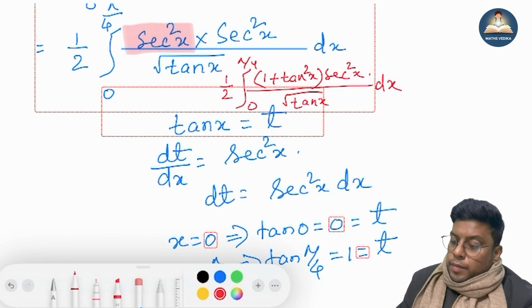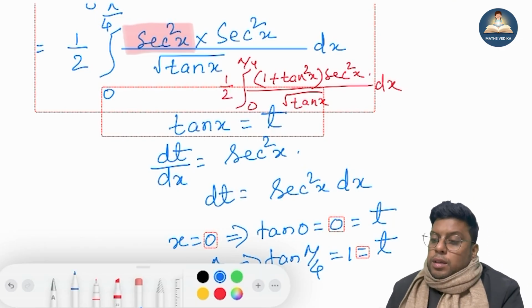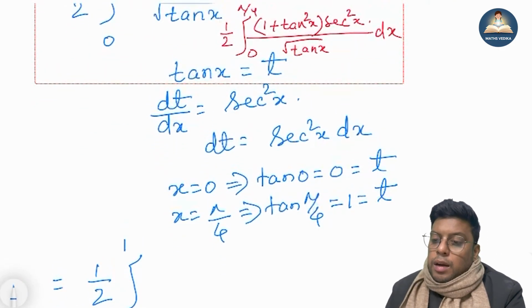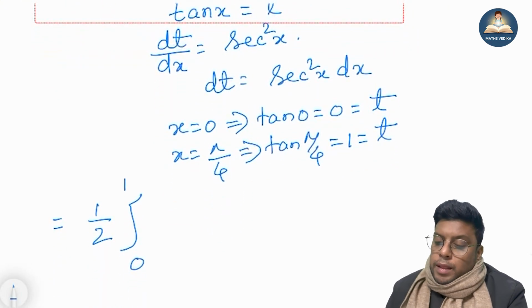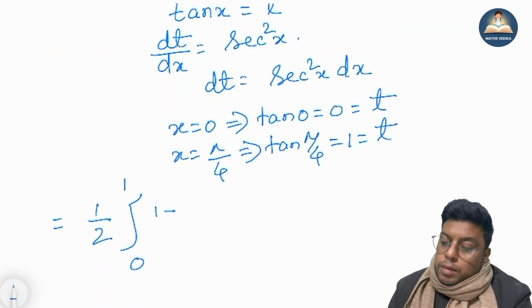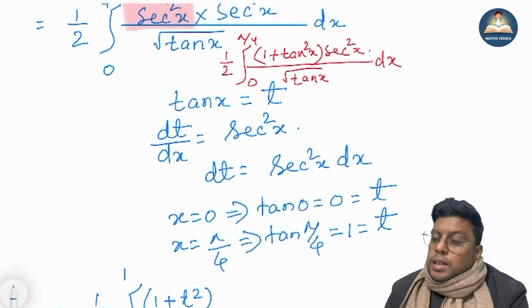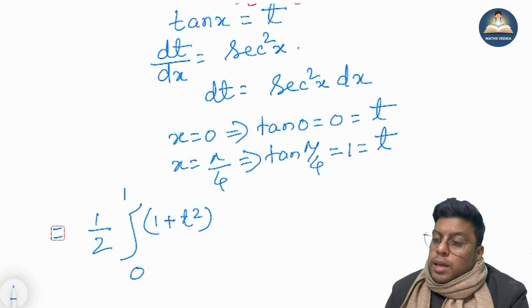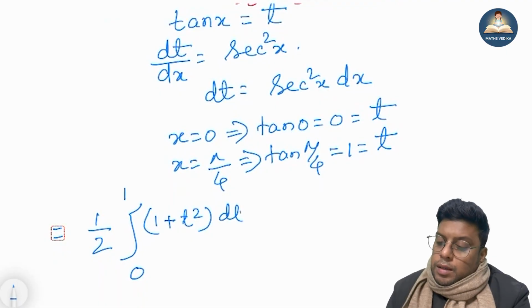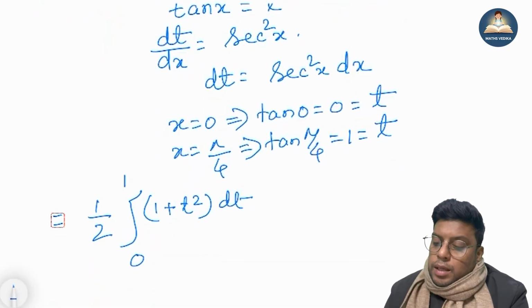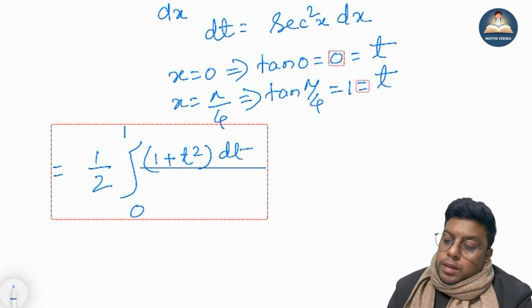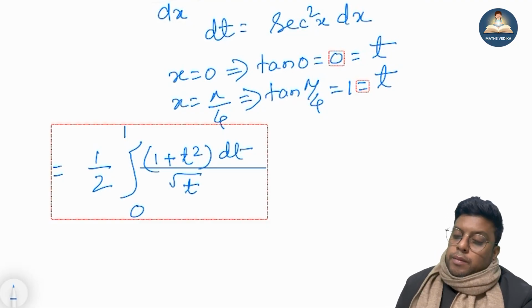Now this is converted into dt form. So half from 0 to 1, 1 plus tan square x will be written as 1 plus t square, sec square x dx can be written as dt, divided by root under tan x, which will be written as root under t.